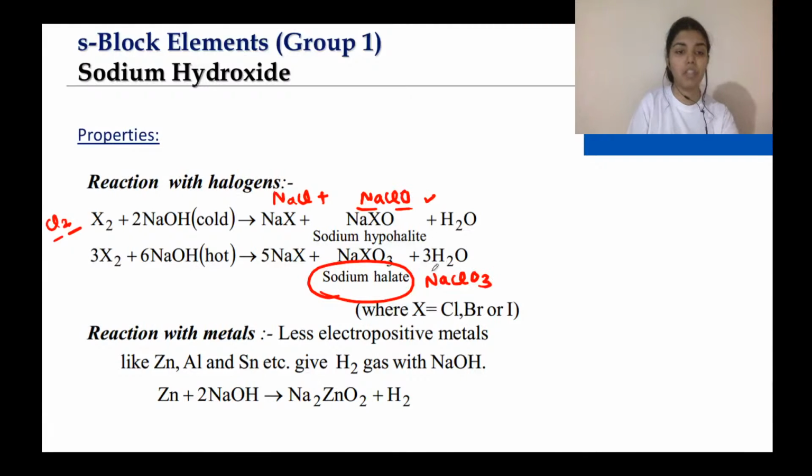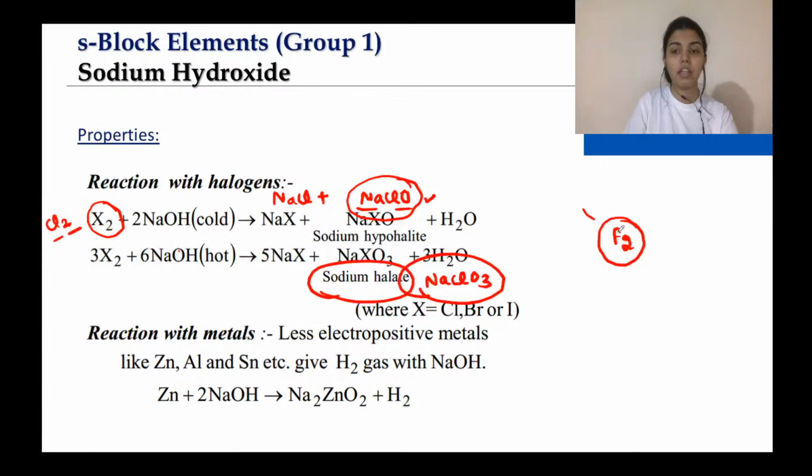The product is changed. When you treat it with cold NaOH, you form hypohalite. When you treat it with hot NaOH, you get the product NaClO3, that is sodium halate. Now remember that these halogens cannot be fluorine. These are only chlorine, bromine and iodine.